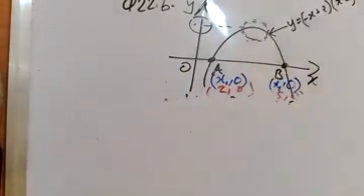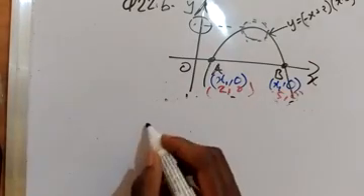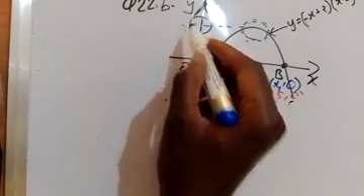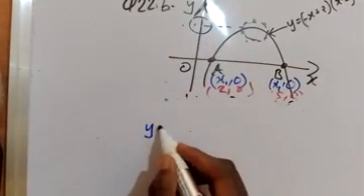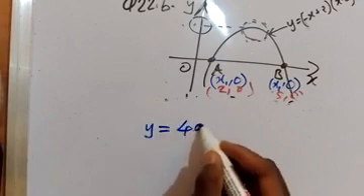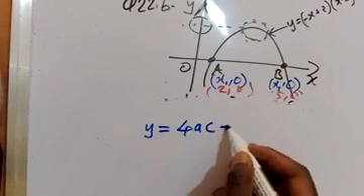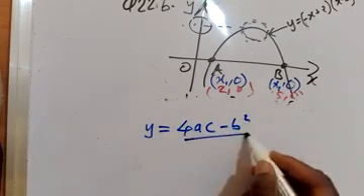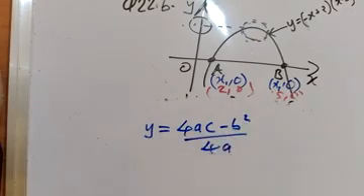You can find it by using the equation for the maximum value of y, which is given by y equal to 4ac minus b squared over 4a. Very simple expression, isn't it?